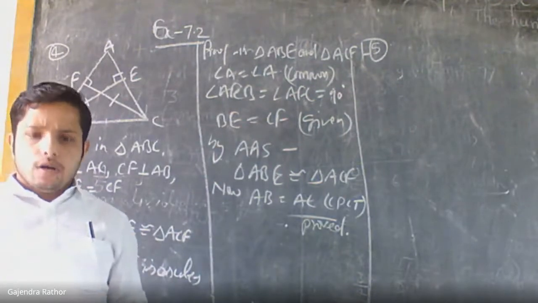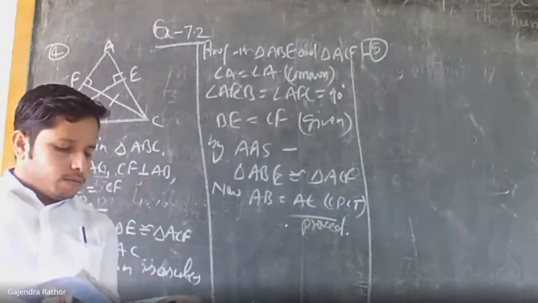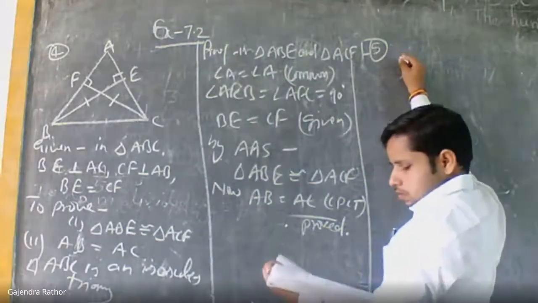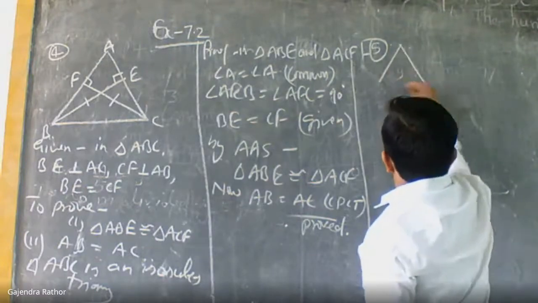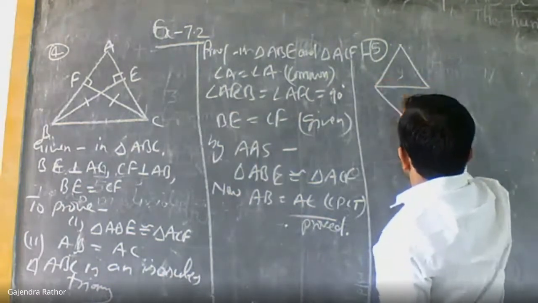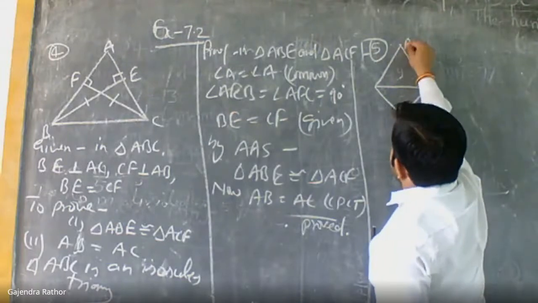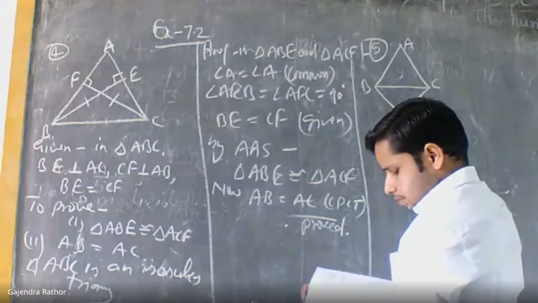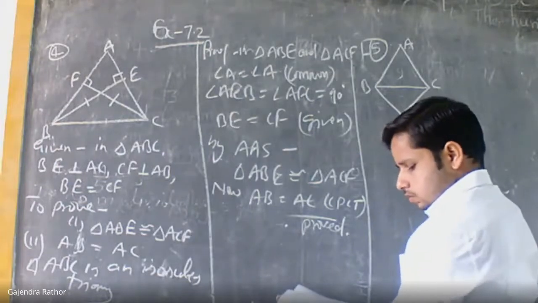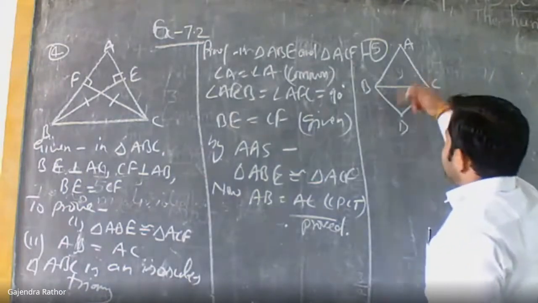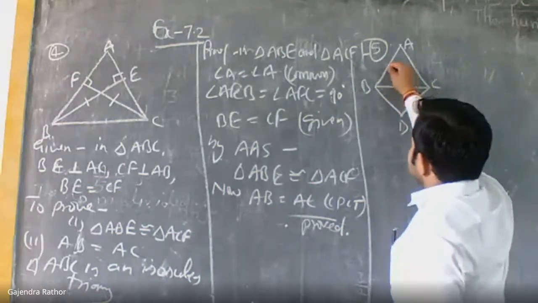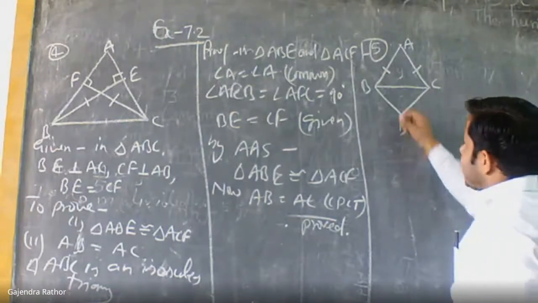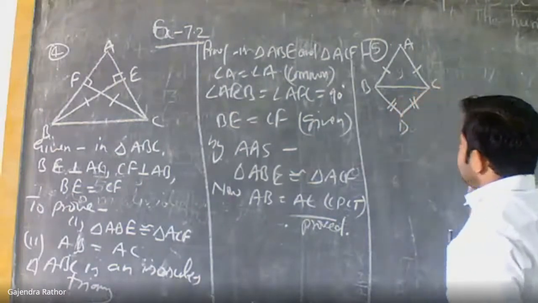In question number 5, two isosceles triangles are given, ABC and DBC. This is A, B, C, and D. Both are isosceles triangles. In the first triangle, AB is equal to AC, and in the second triangle, DB is equal to DC.